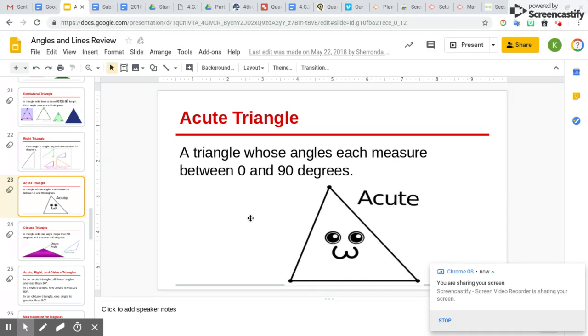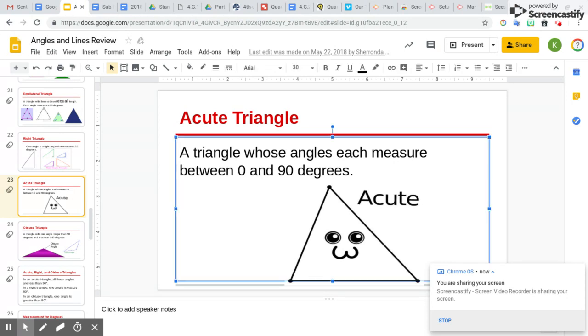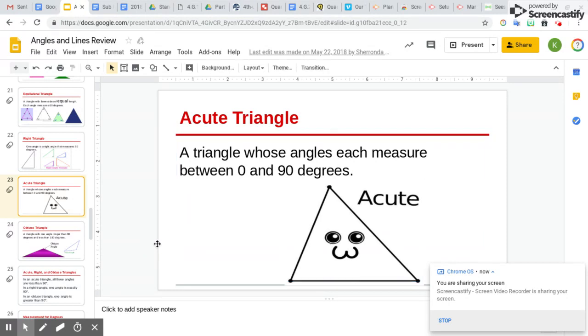So an acute triangle is a triangle whose angles each measure between 0 and 90 degrees, okay? And we can definitely say that this is true. Look at these angles here. We have an angle, here's another one, and that one. So we know that an acute angle measures less than 90.